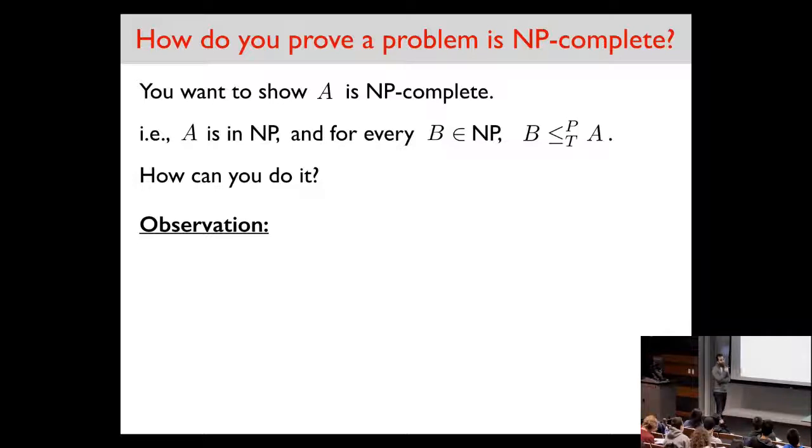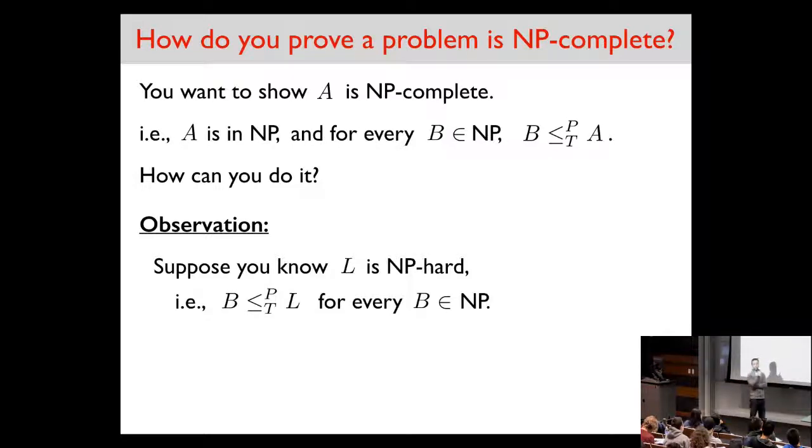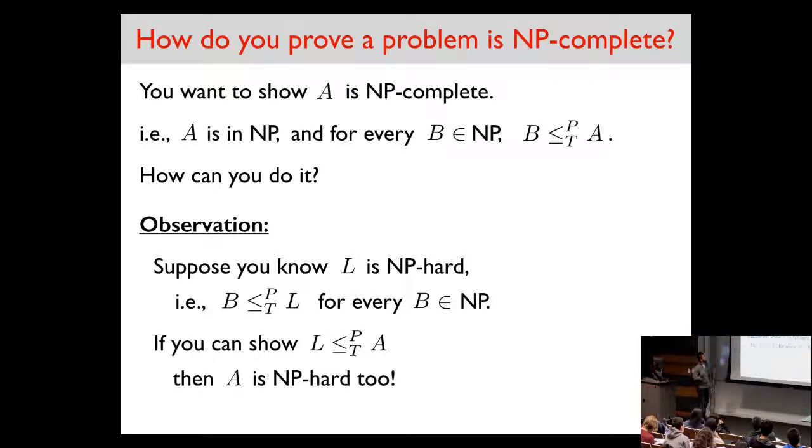Well, the good thing is, suppose that you know there's some language problem L that is, let's say, NP hard. Doesn't even have to be in NP. So we know in that case that every problem B in NP reduces to L. Then you want to show your problem A is NP complete or NP hard.